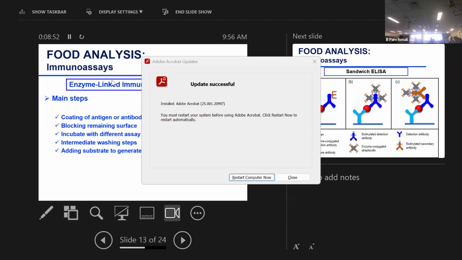And then we do a wash step. Always in ELISA, you put the reagent and then you wash. Everything not bound will be washed out. So now we have our antibody, we call it capture antibody.